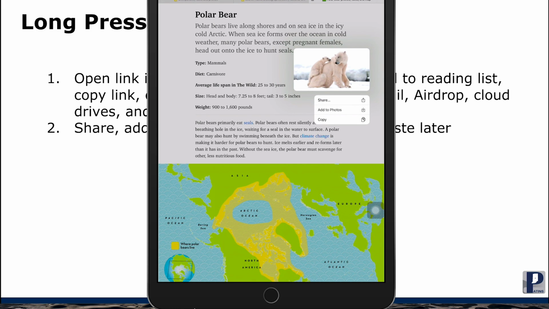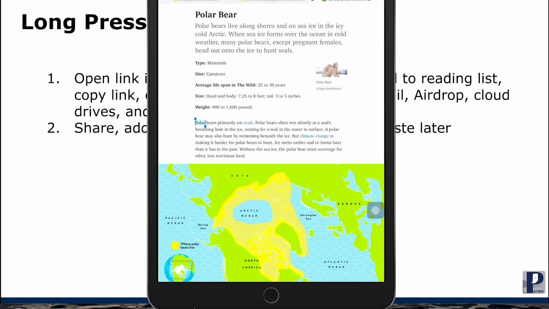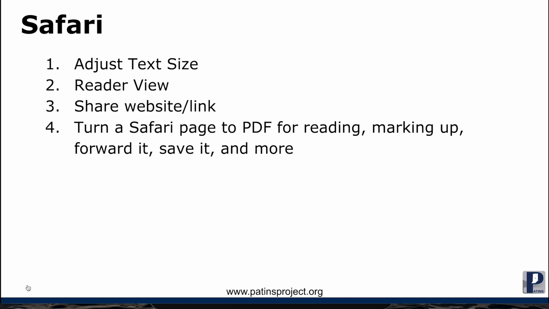They can copy it to paste in a document they're writing, or they can share it to you. Or if they're presenting on a large screen, they're talking about polar bears, they can share it right there. So that is a good accessibility feature. Despite the fact that it's not listed as accessibility, it is a good feature to use.